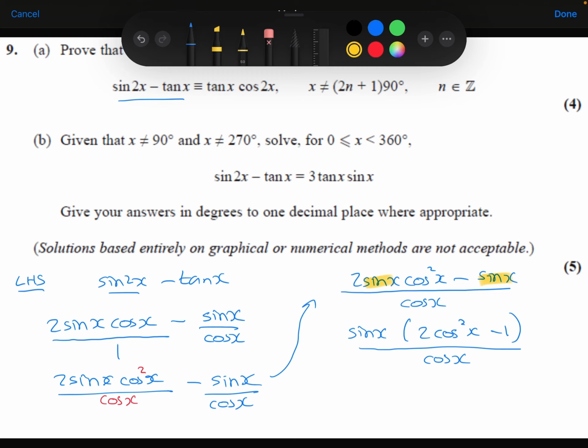At this stage, this is familiar to me. 2 cos squared x minus 1. I know that's the same thing as cos 2x. And at the same time, I've got a sin over cos, which I know is tan. So sin over cos is tan x. The 2 cos squared x minus 1 is cos 2x. And this is the right-hand side. This is what I needed to show. So that is part A done.